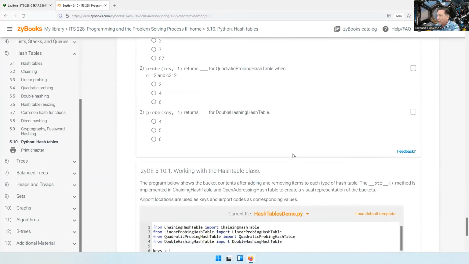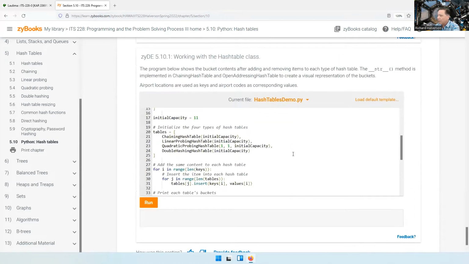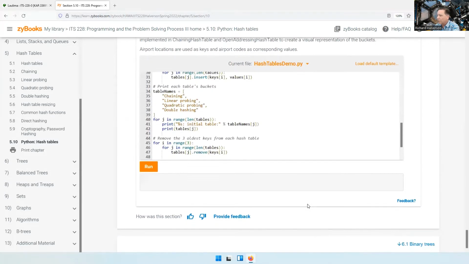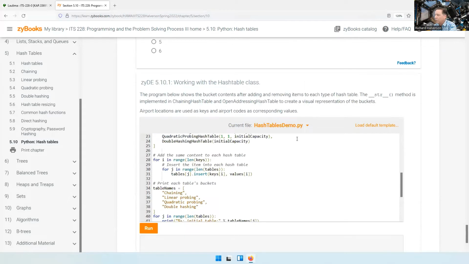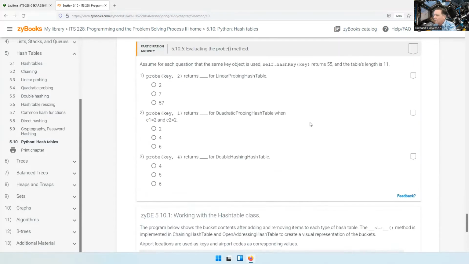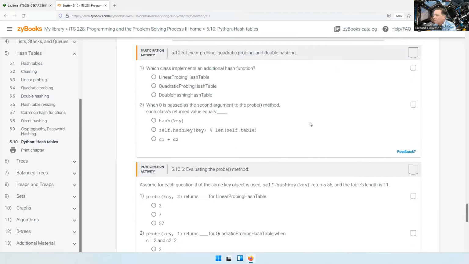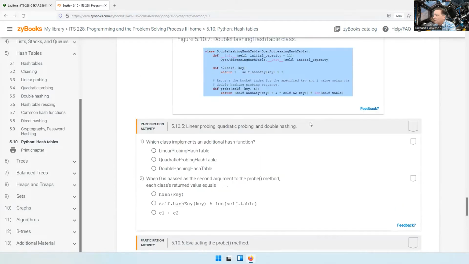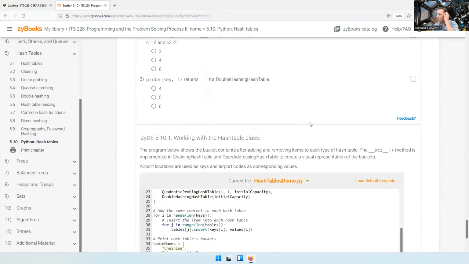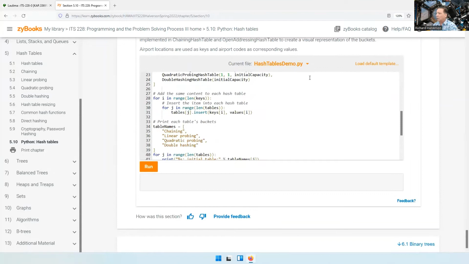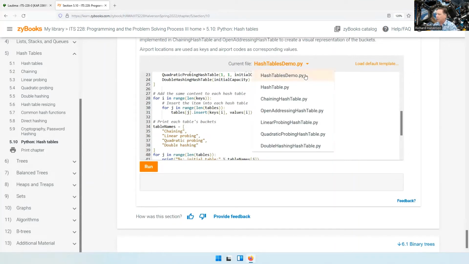With quadratic probing, you aren't just going to the next one. You're using a fancy formula. Do we have that here? Anyway, here they all are.